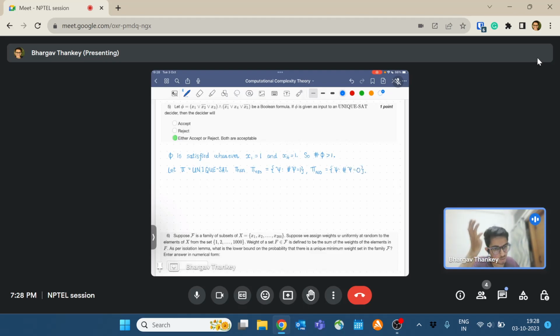And everything else is don't care, right? So let me also write pi don't care. It is psi such that the number of satisfying assignments is strictly greater than 1.